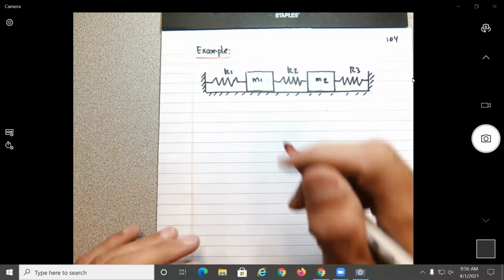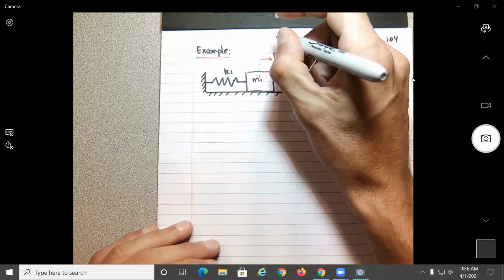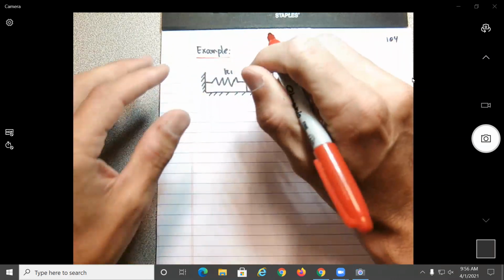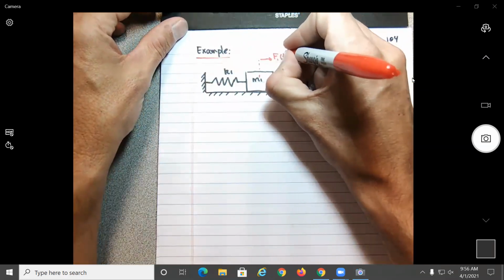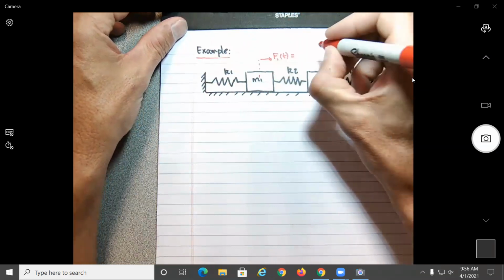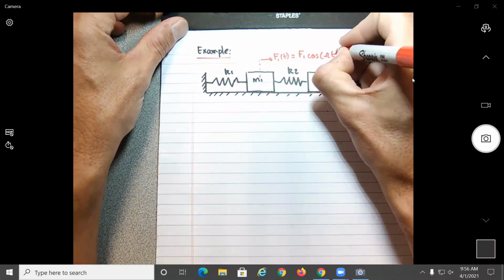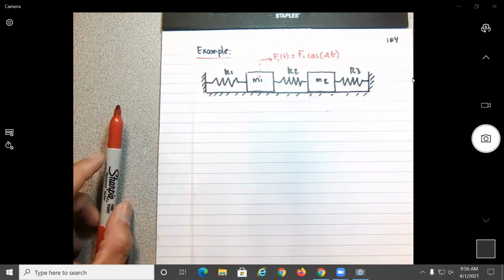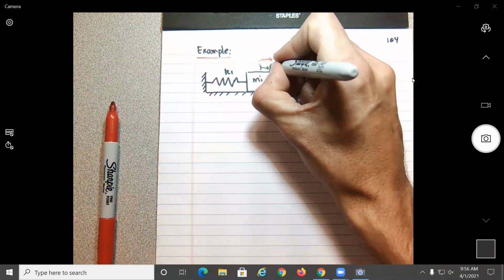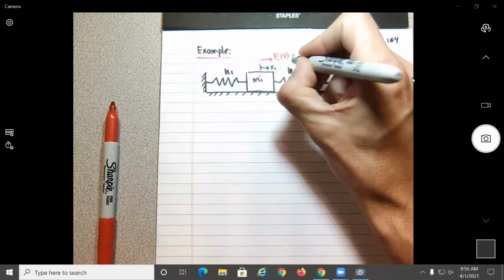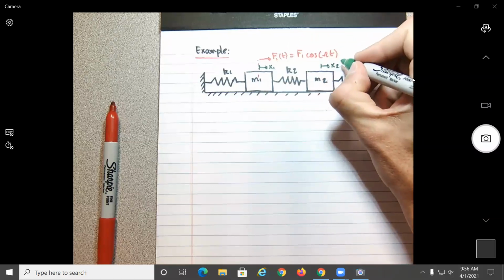Okay. So now this one here is going to be subjected to a force F1(t) equal to F1 cosine capital omega t. Since we already mentioned it, this will be the relative coordinate system.